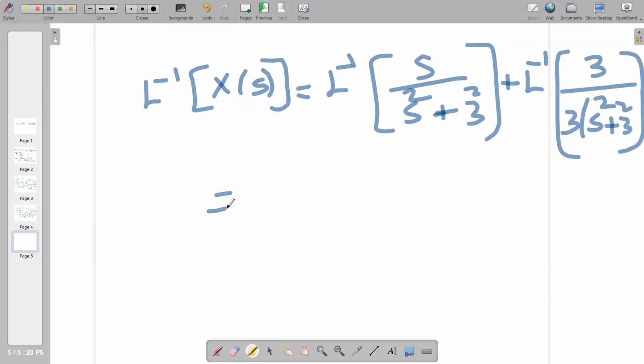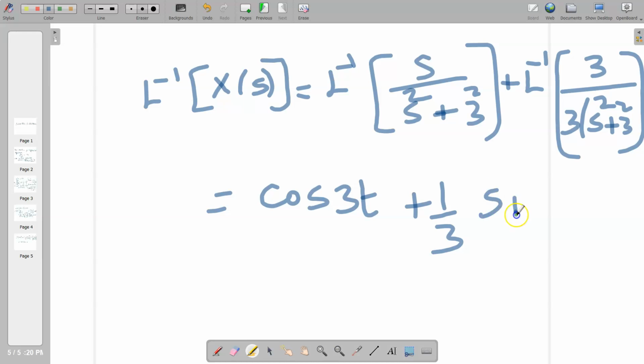For L inverse of s by s square plus 3 square, I have the formula s by s square plus a square, whose value is cos a t. Instead of a, I have 3 here, so it is nothing but cos 3t. For your second term, I have the formula for a by s square plus a square. So, the 1 by 3, the additional constant, I can take outside. For the other terms, L inverse of 3 by s square plus 3 square is nothing but sin 3t.